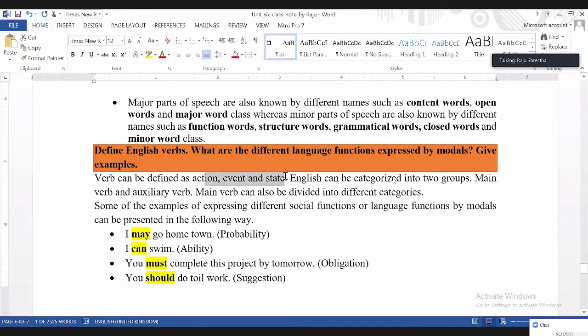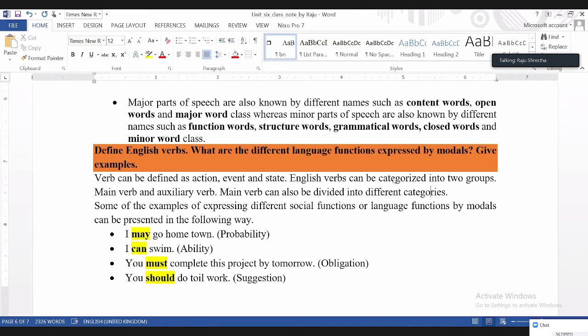Verbs can be defined as action verb, action indicating event or state. Also English verbs can be categorized into two groups: main verb and auxiliary verb. Main verb can be divided into different categories. Some of the examples of expressing different हो, यहाँनिर थप्न सकिन्छ.